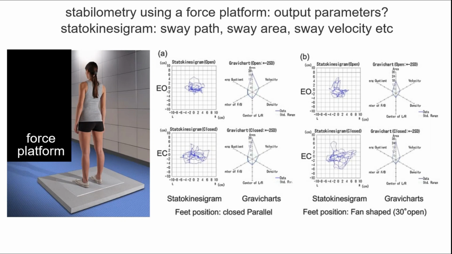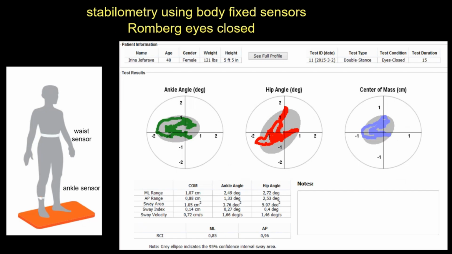Another way to do things is using all kinds of devices to measure the postural sway, like John Allen did, with gyroscopes, or you can use a platform that you're standing on that measures the pressures and your body sway. Or you can put sensors connected to the body, measuring again the postural movements.